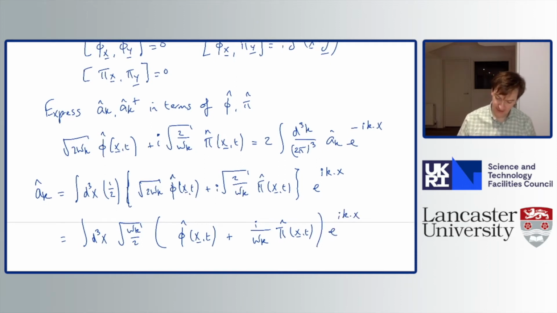This is then a useful expression that we can use. This is our a_k operator in terms of the fields that we know the commutation relations of, and we have these extra things floating around, the e to the i k x and this omega k factor.